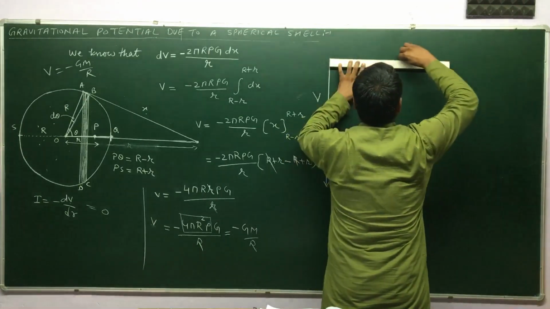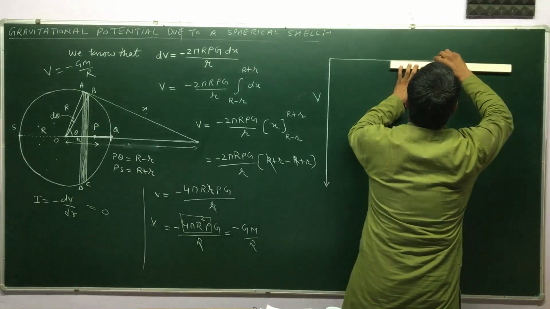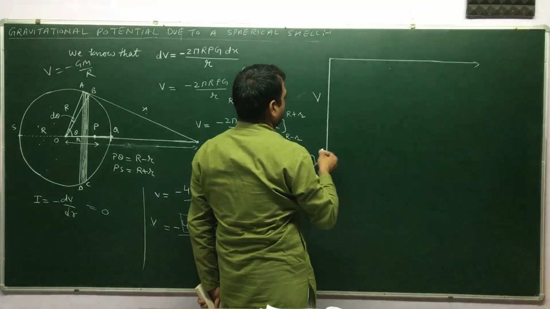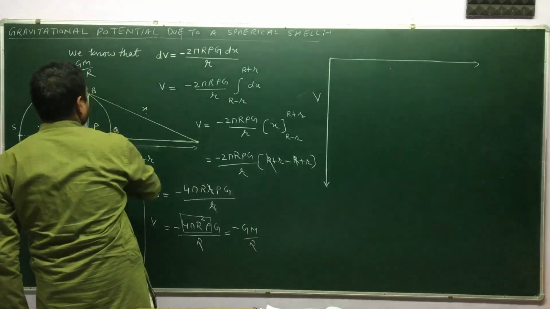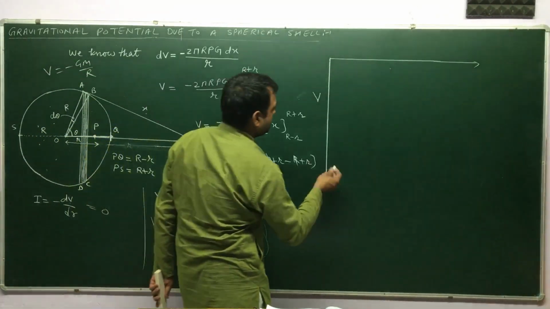And this is r, which is a positive quantity. So what we have observed is that at the center of this shell, our gravitational potential is minus GM by R, which is not 0.